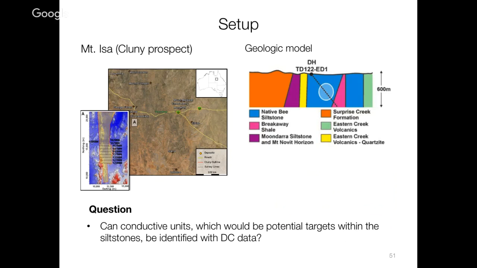Remember in the setup, we're asking, okay, what's the question that we really want to have answered? The question is, first of all, based upon the geology, it doesn't matter what all these particular colors are. And then there's siltstones in here.